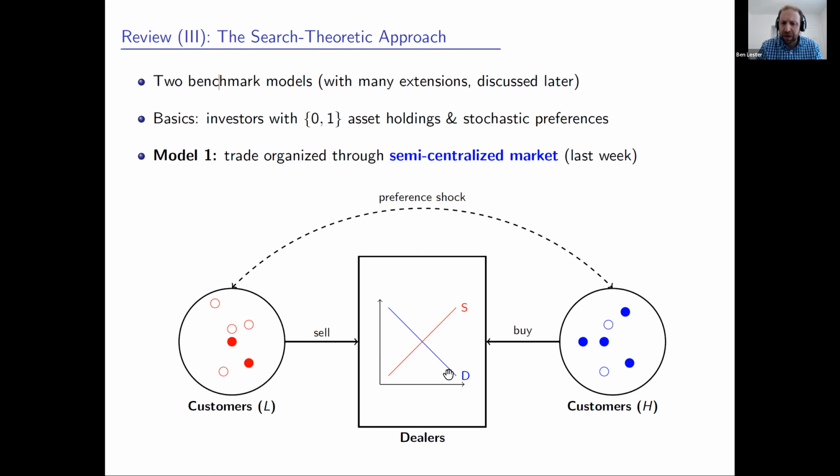There are inventory cost models from the 80s. There are information-based models like Glosten and Milgrom and Kyle and others. And so you could think of this Duffie, Gârleanu, Pedersen paper as essentially a theory of bid-ask spreads based on search and bargaining frictions. But this competitive, frictionless interdealer market kept things very tractable. And so that's a very short summary of what happened last week.